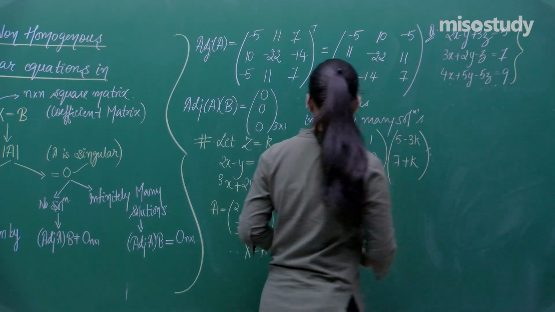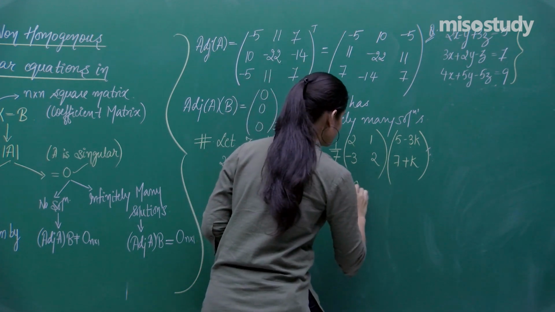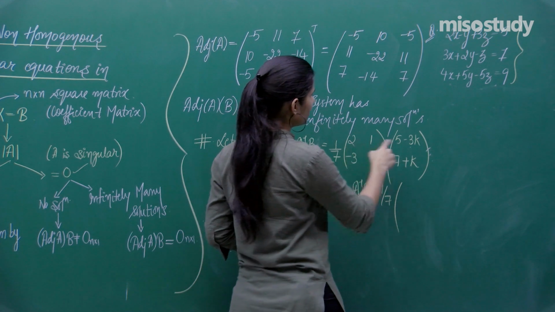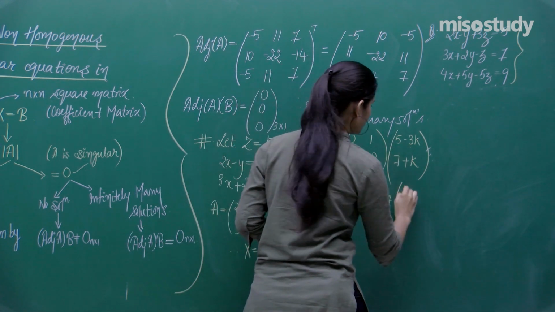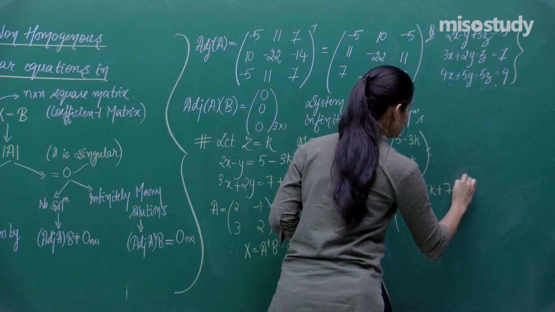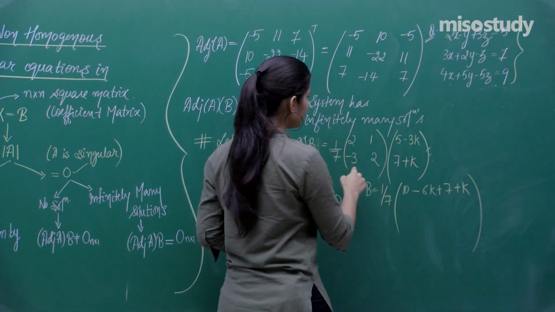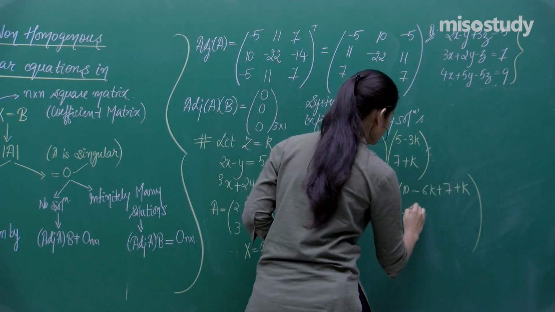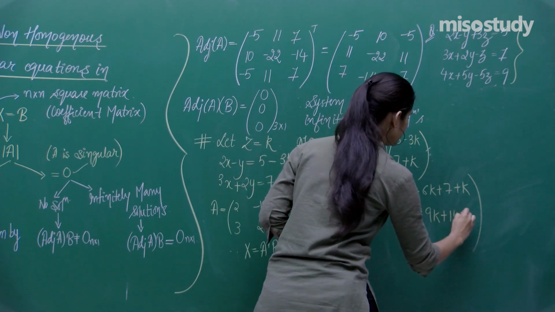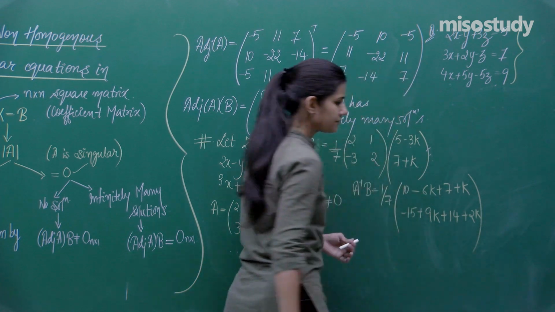Now, when you eventually calculate A inverse B, this comes out to be what? 10 minus 6k plus 7 plus k, and the next element would be minus 15 plus 9k plus 14 plus 2k.